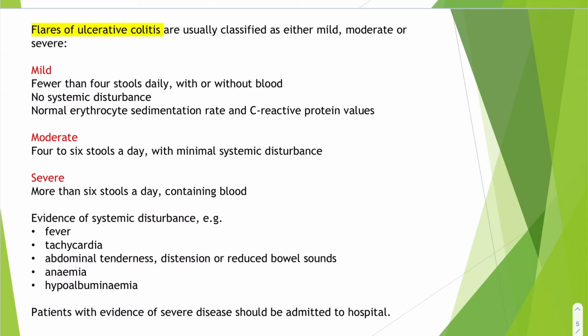So remember, this classification is very important: mild, moderate, and severe, and there are many questions which come up for the classification and how you will manage. So actually the management is according to the classification.